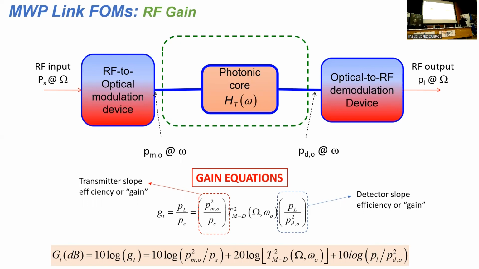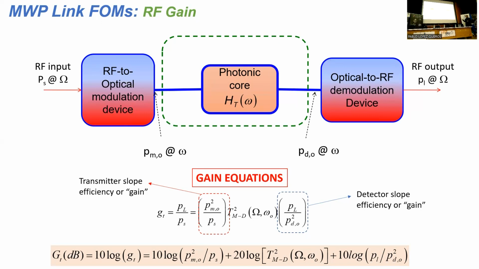If I use a standard configuration with an optical modulator, there are different things that are important in these two factors, in this and this. In the transmitter, for example, I need to know what is my laser power. I need to know some technological parameters of my modulator, the VPI, for example, other things.